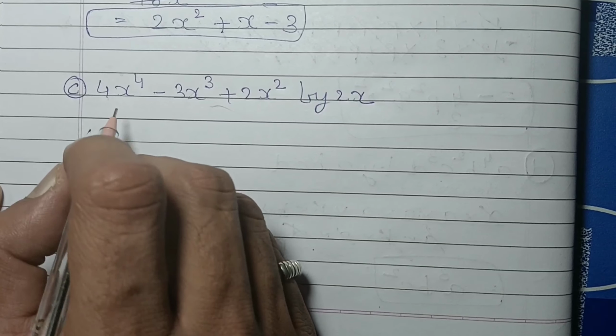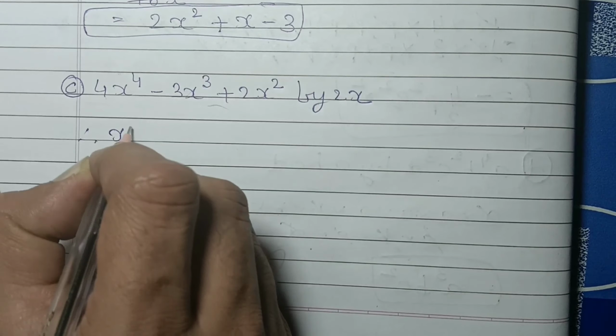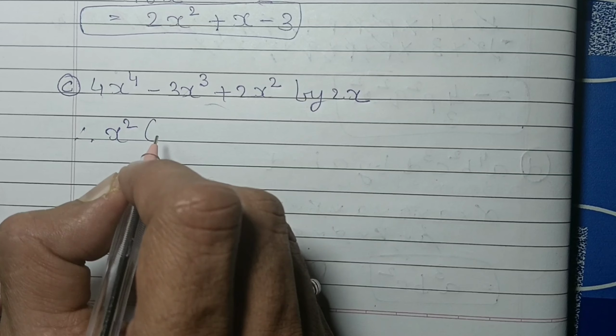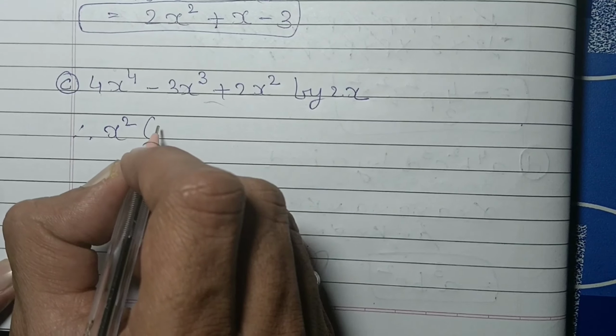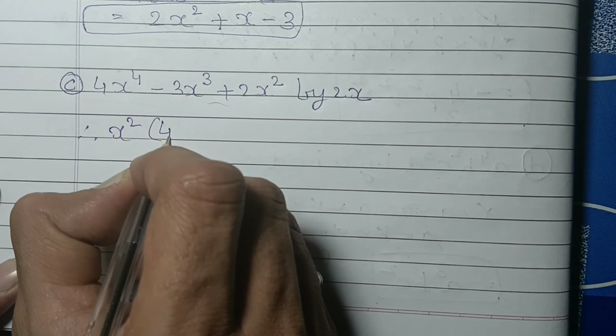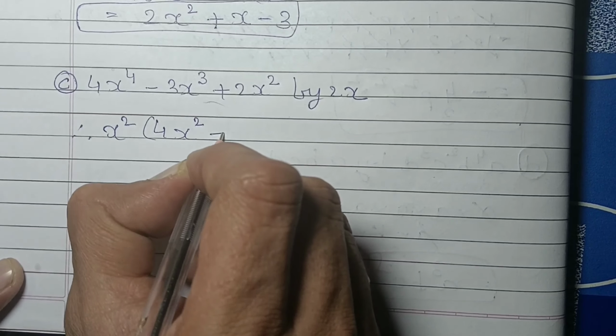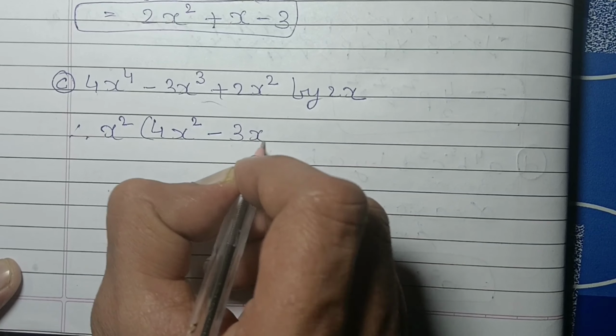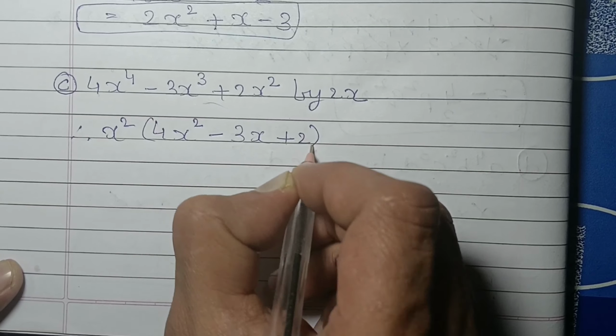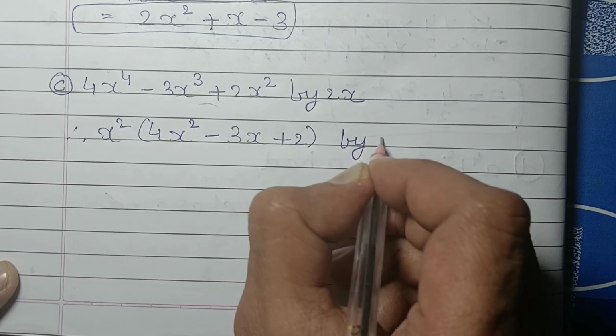So if I take out x square common, then the remaining term will be 4x square minus 3x plus 2, and we will divide these by 2x.